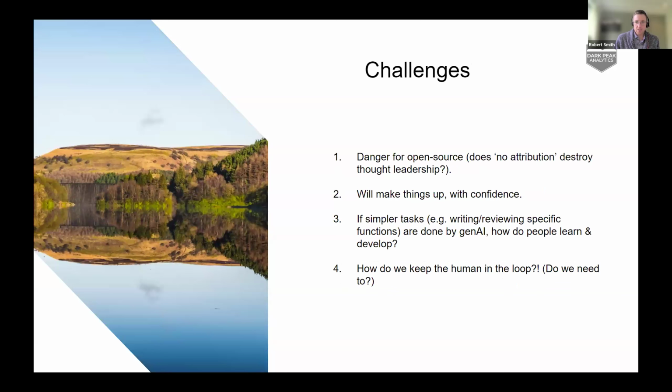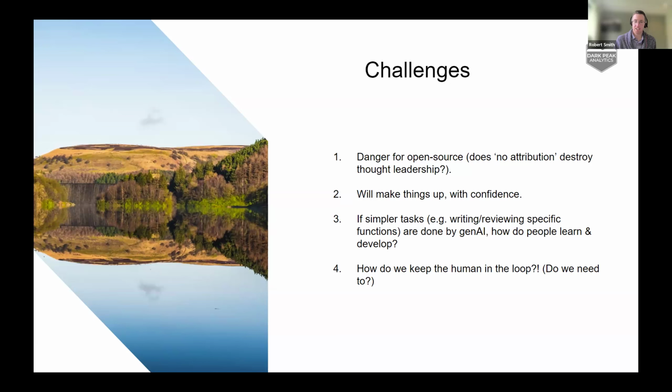There are quite a few challenges though, so there's a danger for open source in general. If nobody really gets any attribution for their work, because essentially things are getting fed into large language models and then reported back by the large language model, where is the incentive for thought leadership and for publishing?